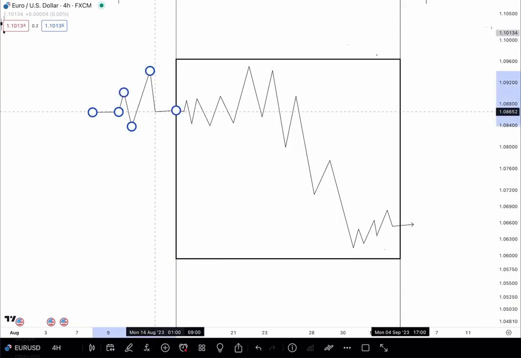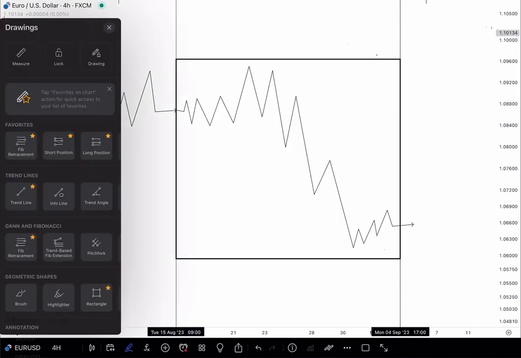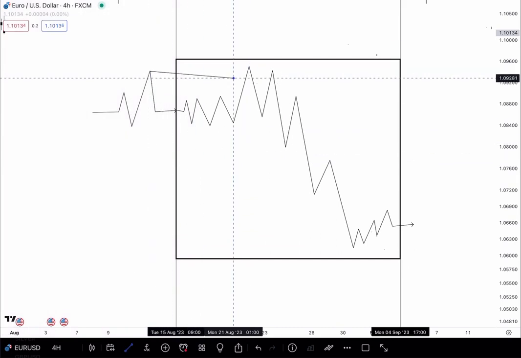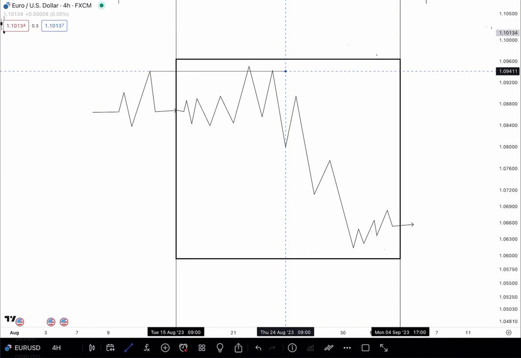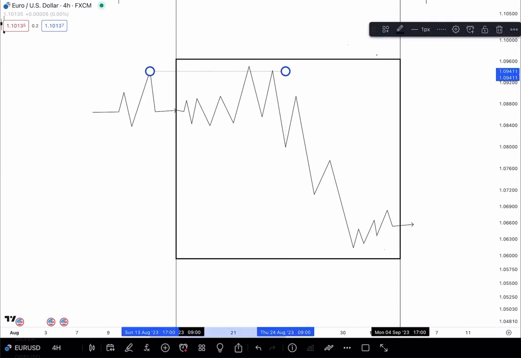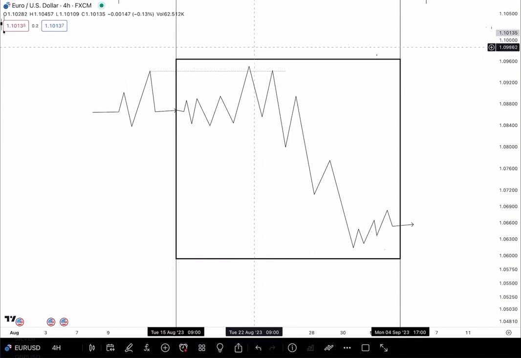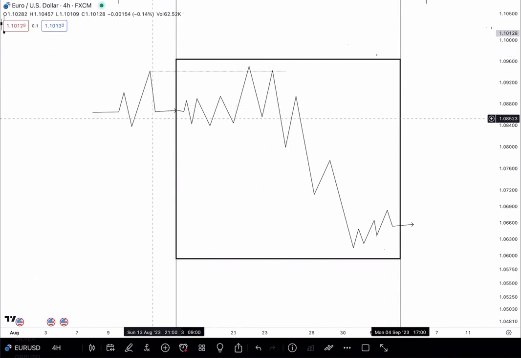All right, twisted candle. A liquidity pool inside of a higher time frame PD array. Above the opening price of the candle you are trying to trade.